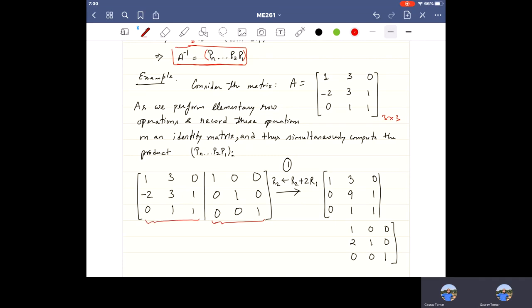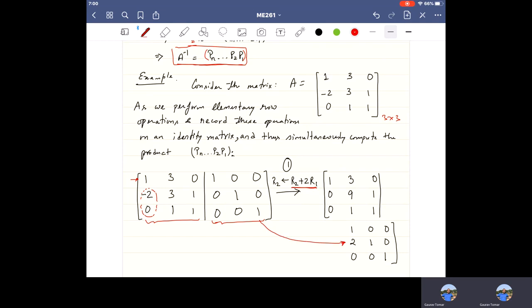You start from the first row and try to bring all the numbers below the first element down to 0. In this case, we can modify row 2 by adding 2 times row 1 to it, and we perform the same operation on the identity matrix.